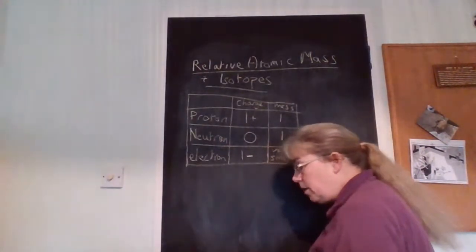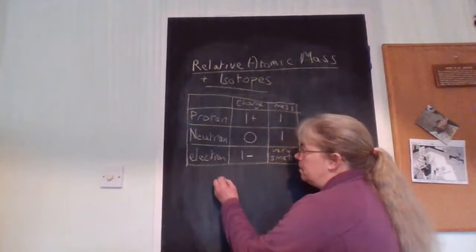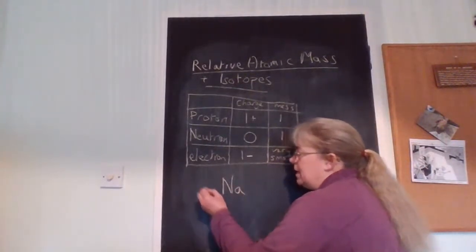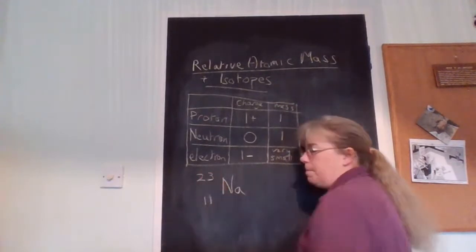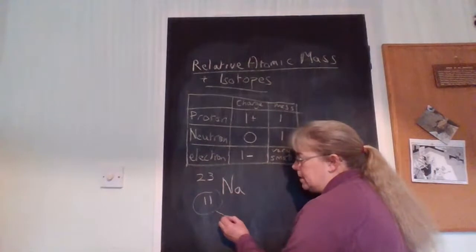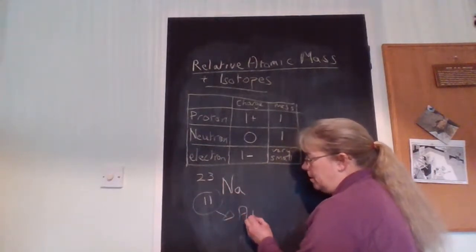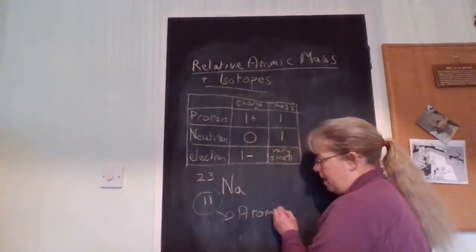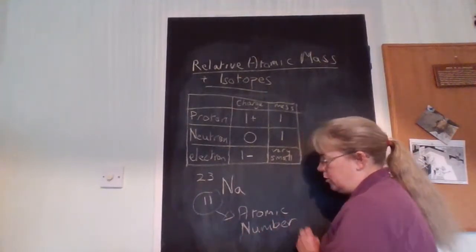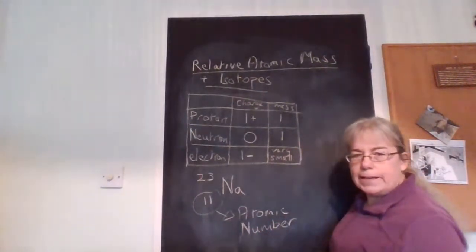So if we look at sodium, if you look on a periodic table, it will have 11 and 23. The smaller number is always the atomic number, and that always refers to the number of protons it has.